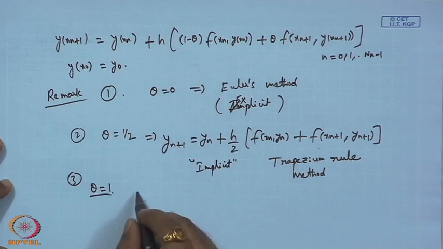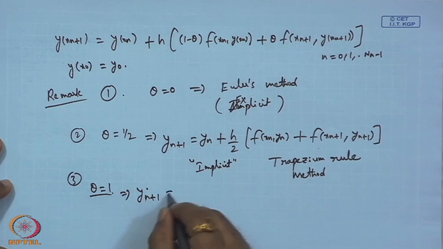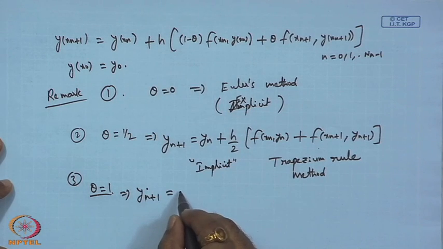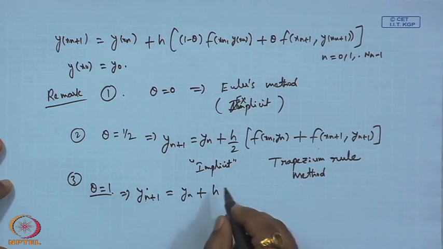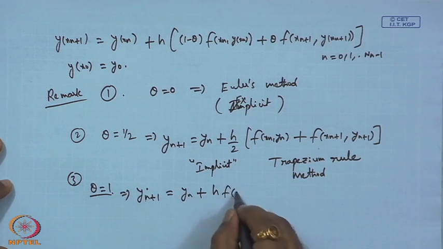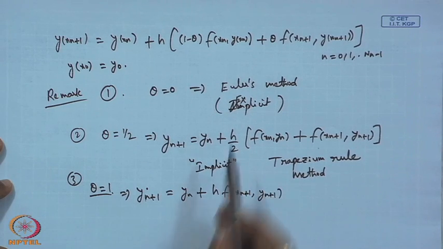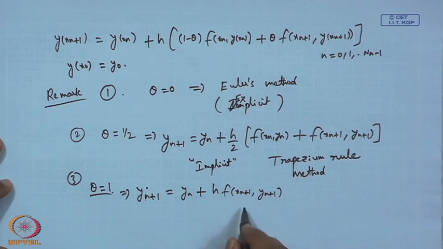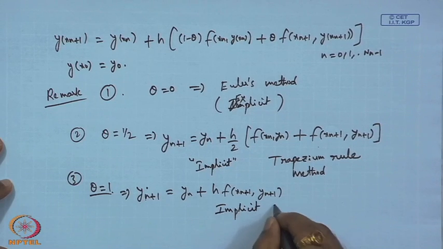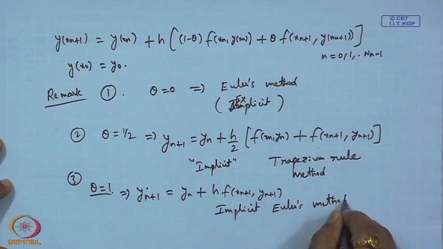So, this term goes away. Okay. So, we get y n plus h, because with theta 1 this goes away and this survives. So, this looks like Euler method, but this is implicit Euler method.